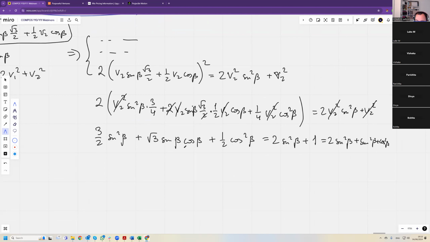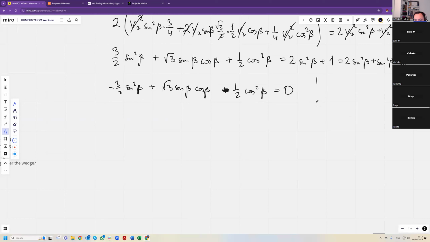So 3 over 2 minus 3, so it's minus 3 over 2 sine squared beta plus square root of 3 sine beta cos beta plus, so it's minus 1/2 cos squared beta equals 0. And now I divide by cos squared beta, and I have minus 3 over 2 tan squared beta plus square root of 3 tan beta minus 1/2 equals 0.